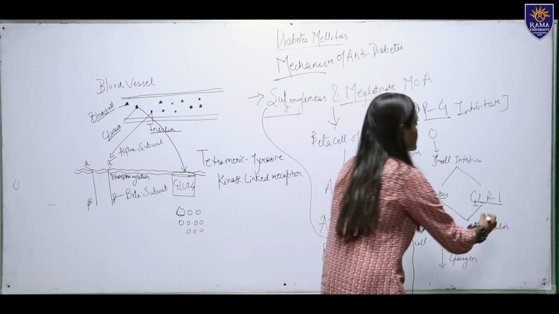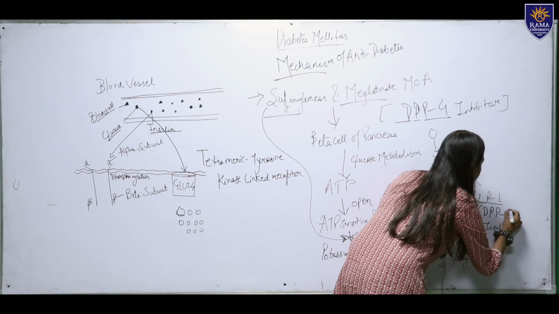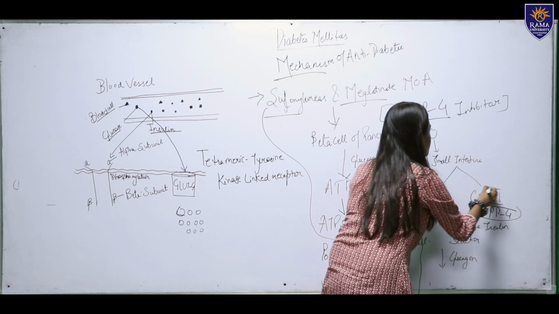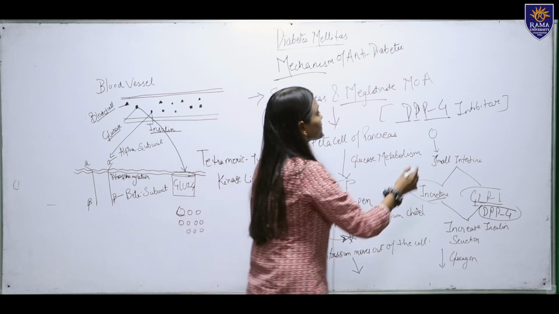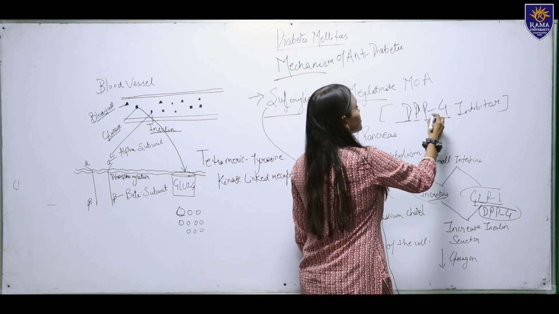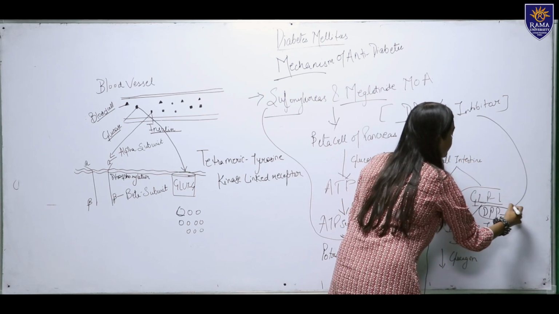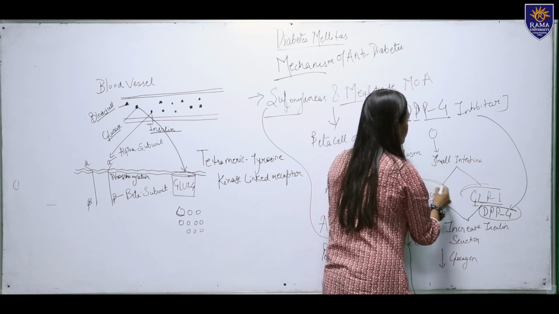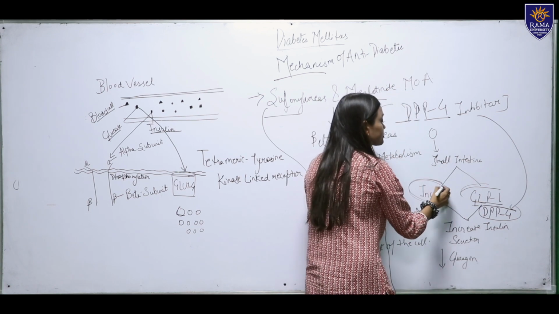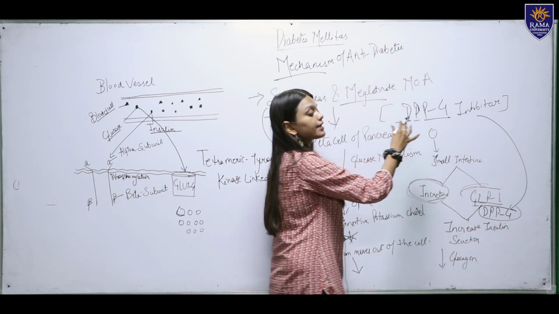In the presence of the enzyme DPP4, GLP-1 and incretin get broken down. So basically, what do DPP4 inhibitor drugs do? They inhibit this enzyme and inhibit the breakdown of GLP-1 and incretin.